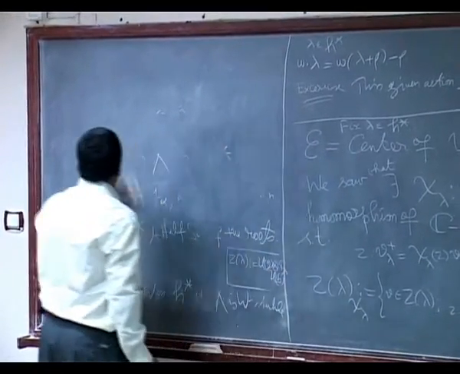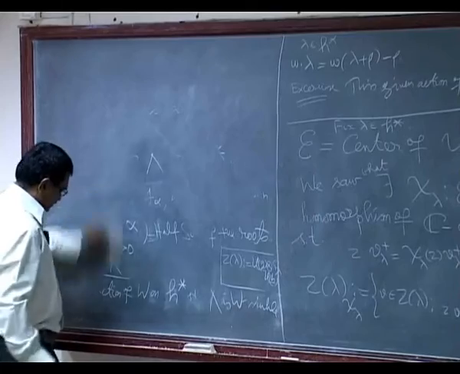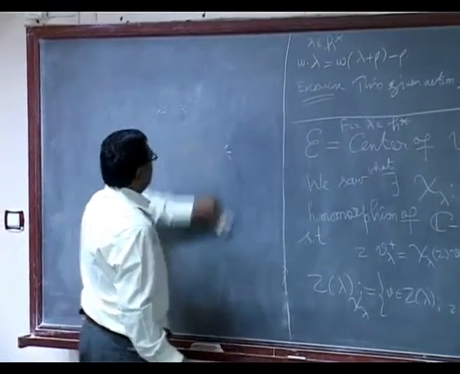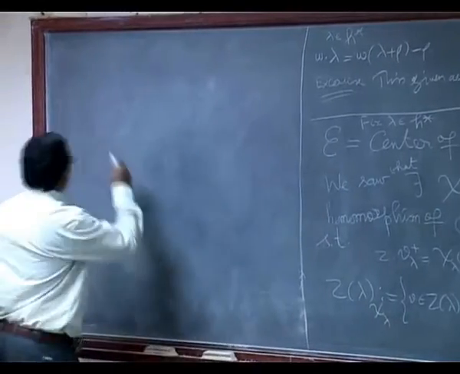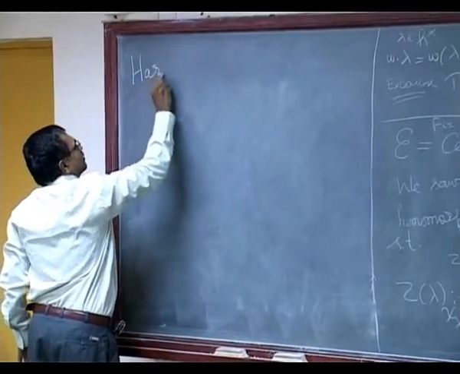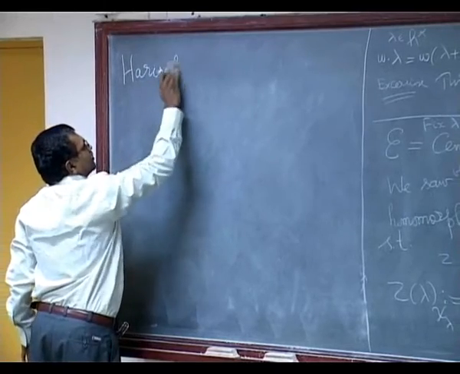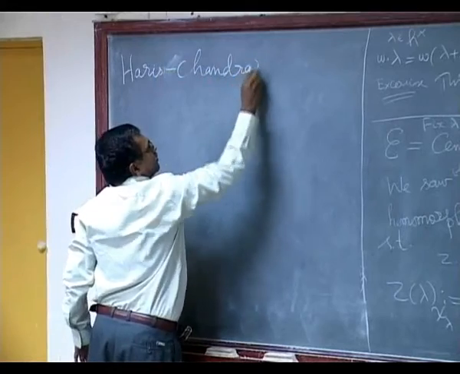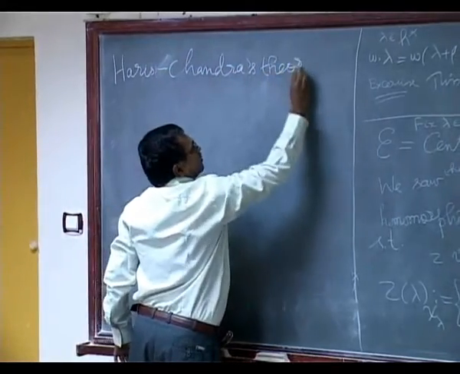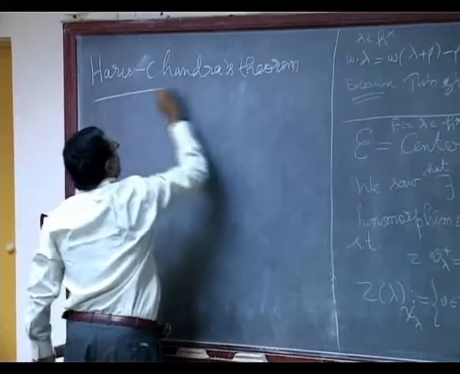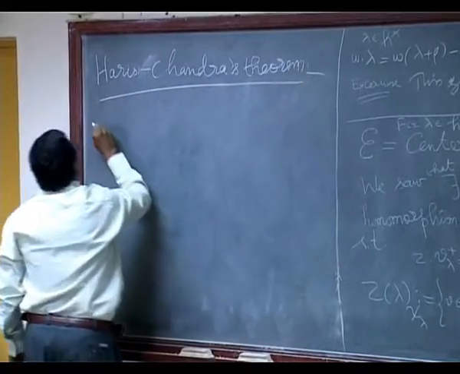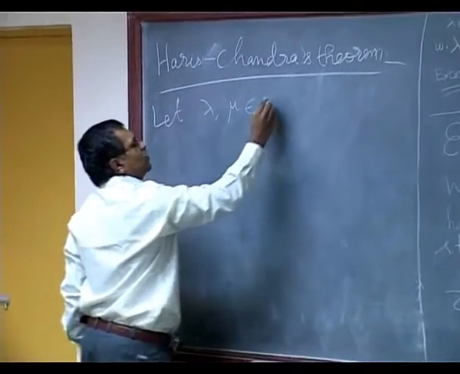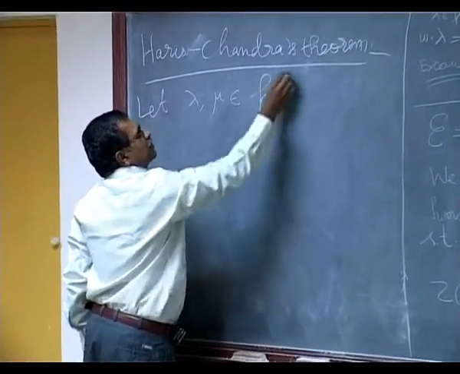Now I am going to state Harish-Chandra's theorem. Let lambda, mu be two elements of h star.